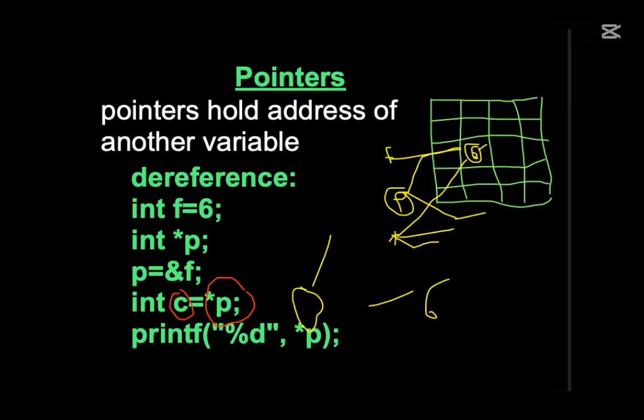So to dereference is when you try to access the value stored in the address that this pointer actually holds. That's what we call dereference. So we have two things that we need to take note of. This is declaration, which is the first step. We declare the pointer, and now we dereference.